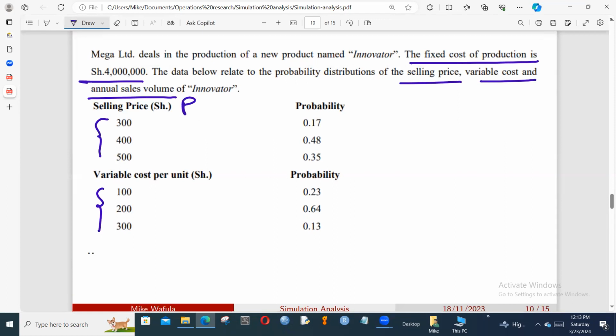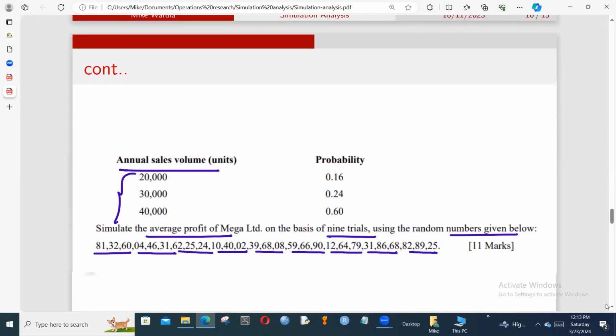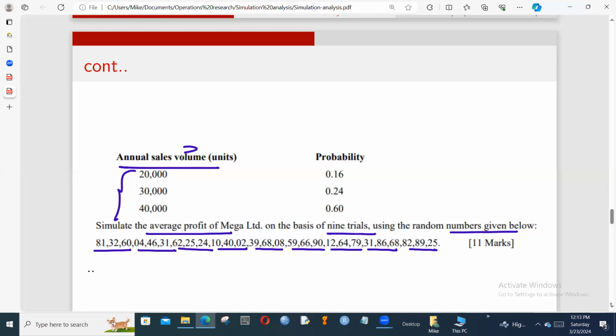We may denote it with P, and this is variable cost. We may call it V. And lastly, we have annual sales volume, which we can call X. So I'm talking of P, V, X, P, V, X, P, V, X, and so on.